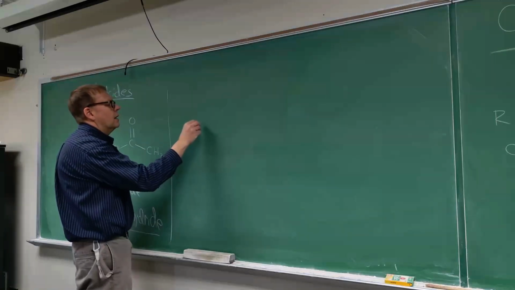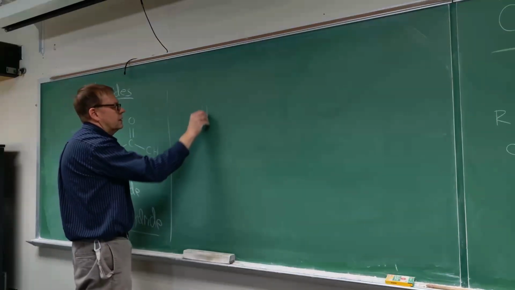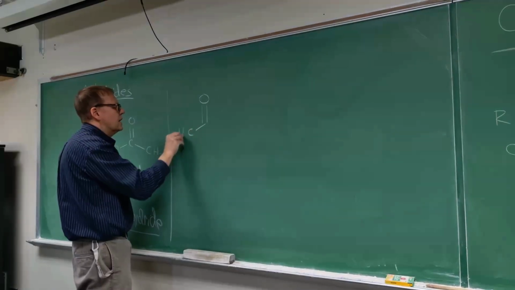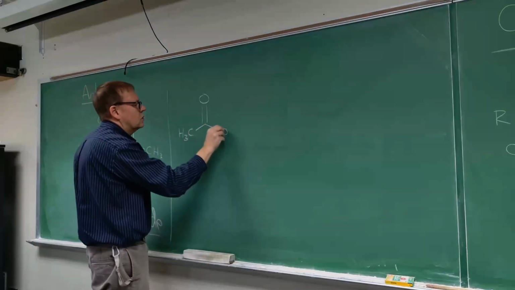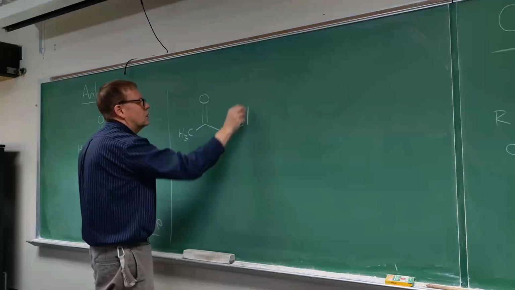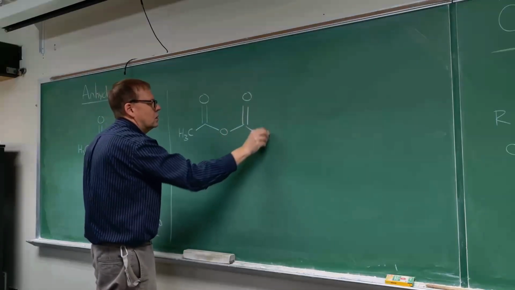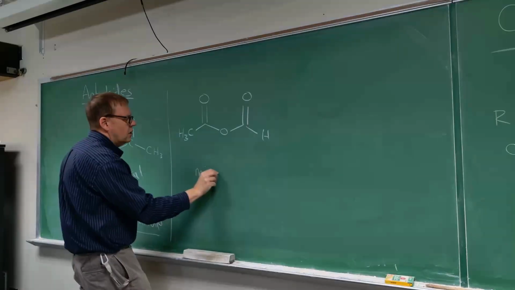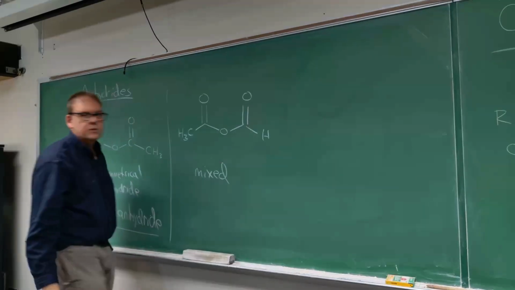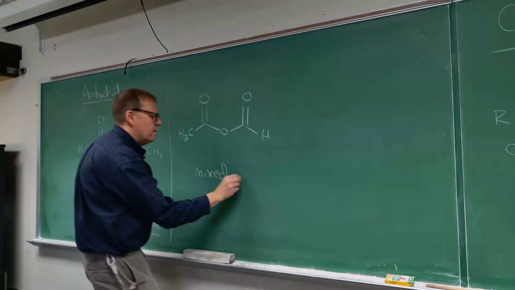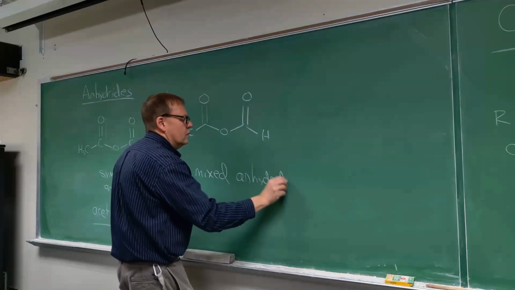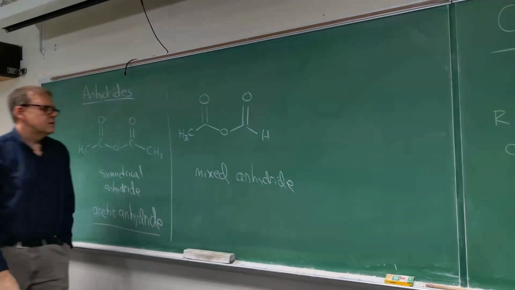So for example, here's an example of an anhydride that's not symmetrical. These are sometimes called mixed anhydrides. You could also call them non-symmetric or unsymmetric anhydrides. But a mixed anhydride has just different R groups.